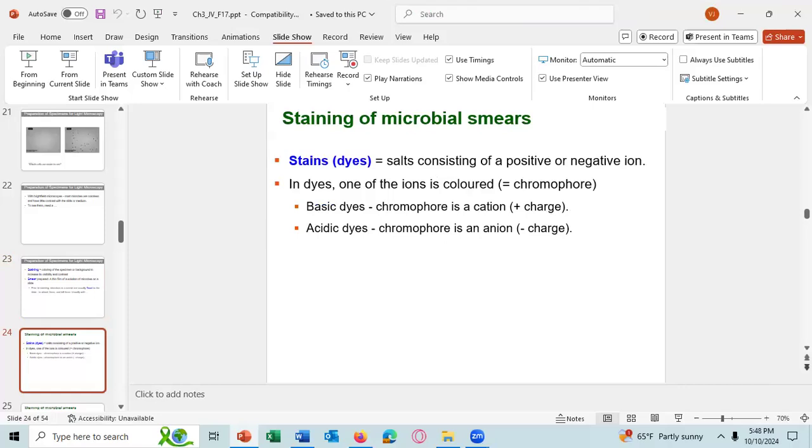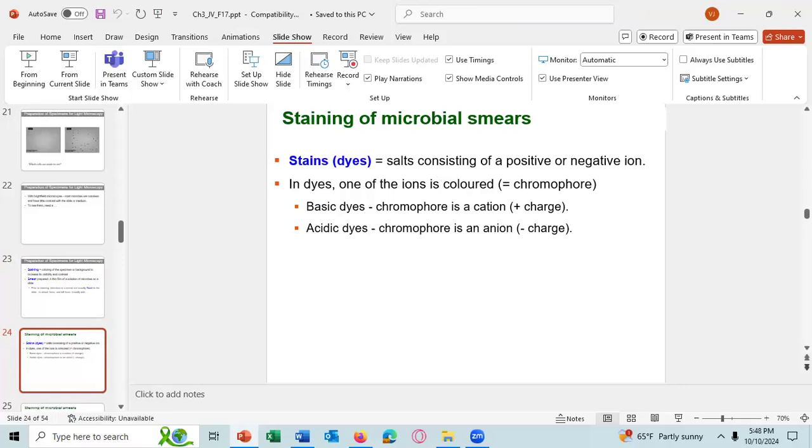Stains, also called dyes, are salts consisting of a positive and a negative ion. The dye will be in one part, either the positive or the negative ion. And we call the dye the colored portion, which we also call the chromophore.